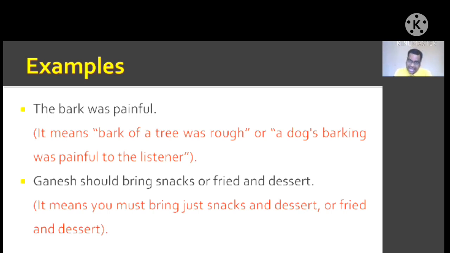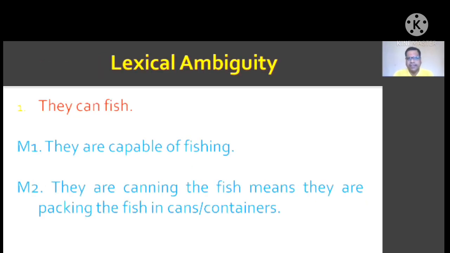He should bring snacks and fried and dessert, three items, or else only two combinations, snacks and dessert, or fried and dessert. So these are the multiple options available for interpretation. This is very ambiguous when you come across such verbal expressions or written sentences. Let us look at lexical ambiguity.